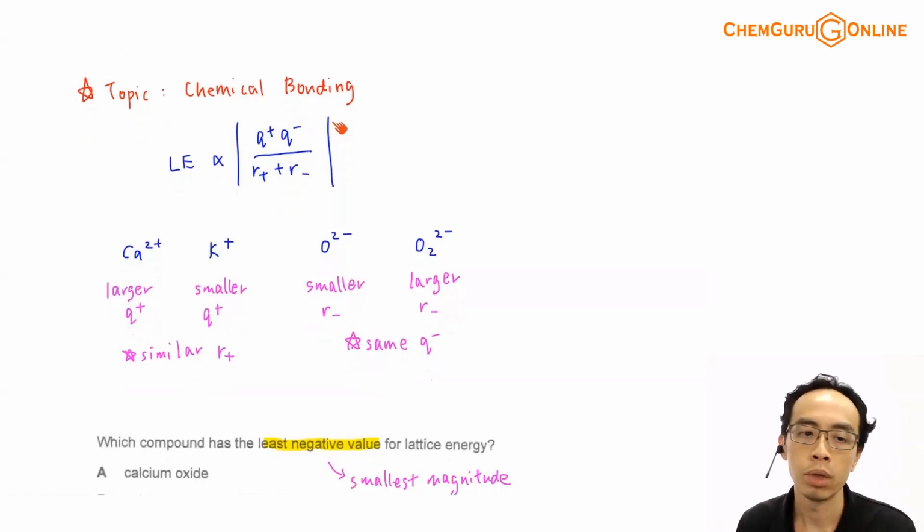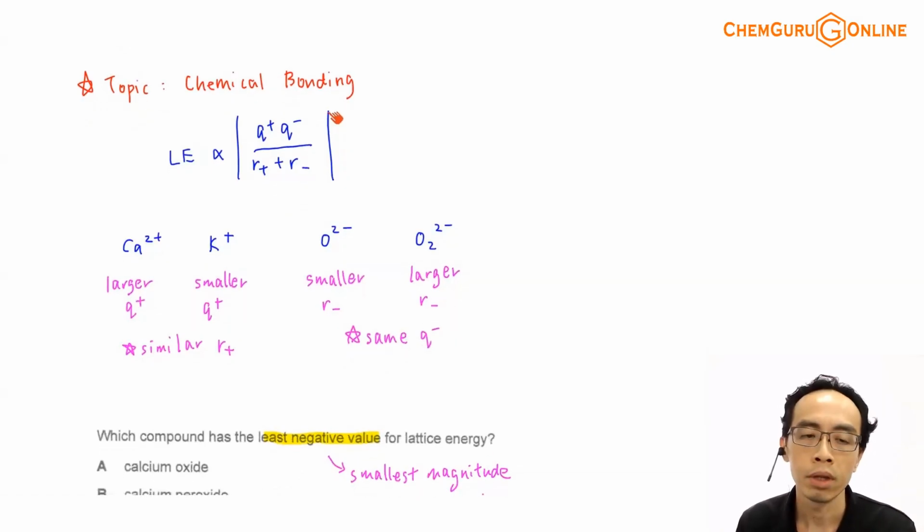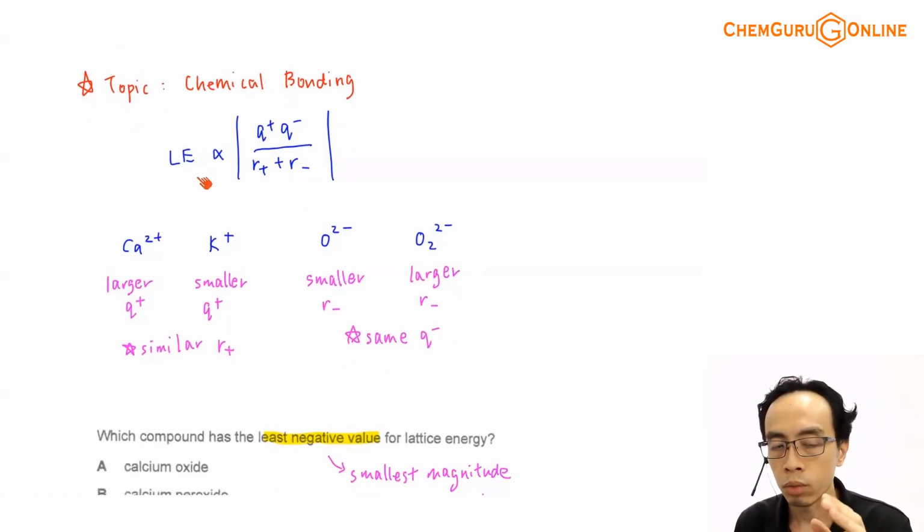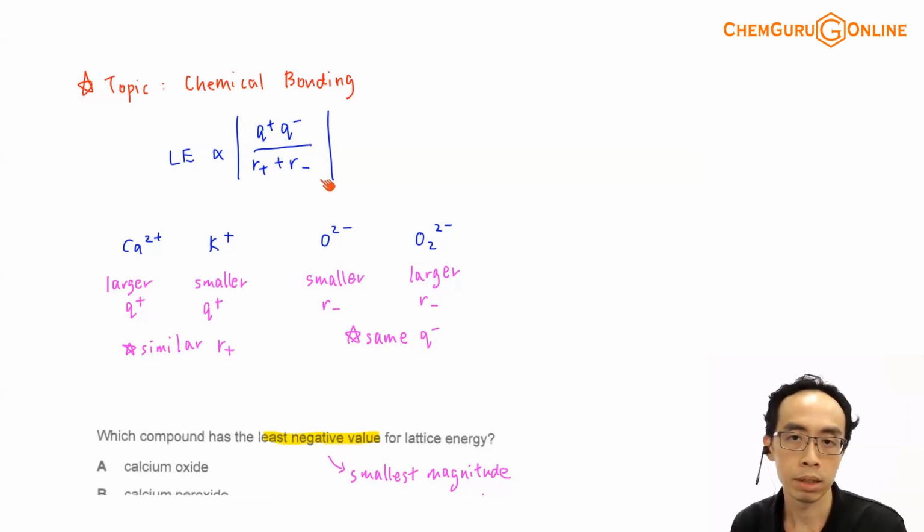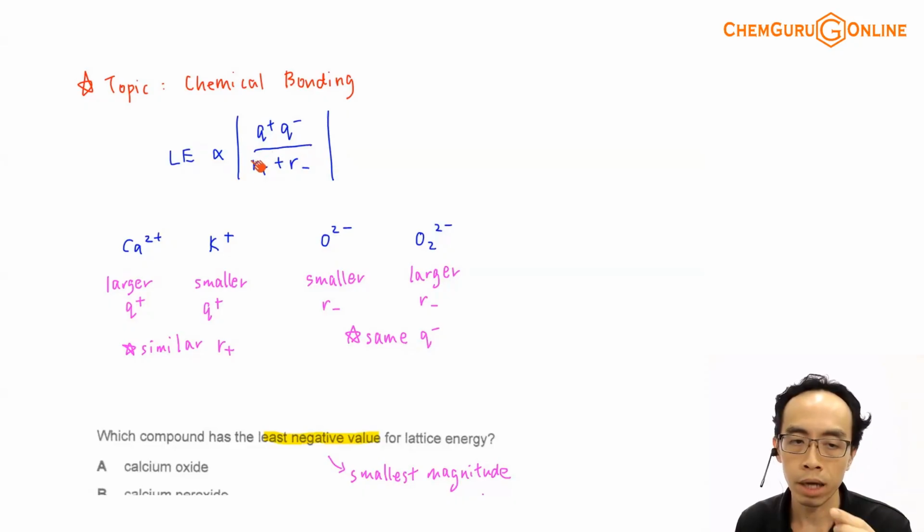Since we are looking at lattice energy, we will use this expression that we learned under chemical bonding. Lattice energy is proportional to Q plus Q minus divided by R plus plus R minus. Q plus is the charge of the cation, Q minus is the charge of the anion, divided by R plus, the radius of the cation, plus R minus, the radius of the anion.